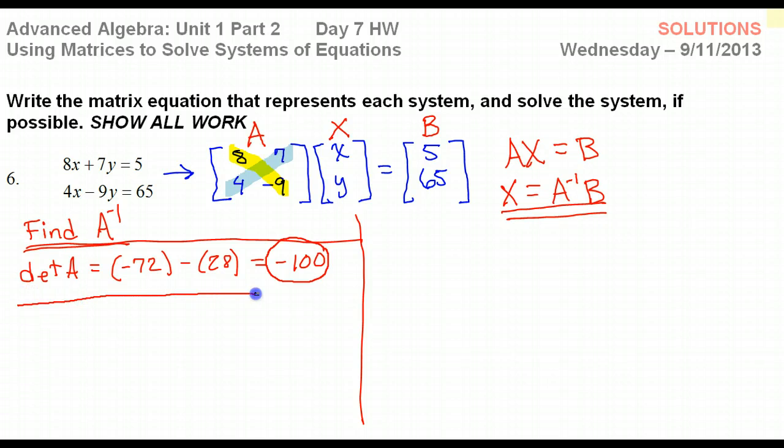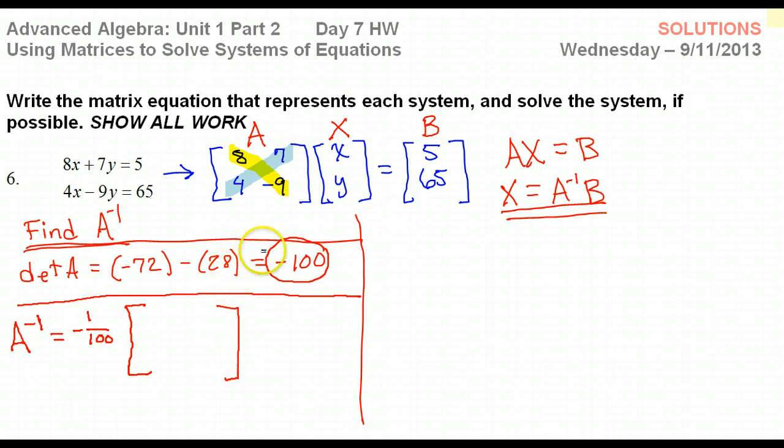Now that we've got the determinant, we can go ahead and find the inverse. So the inverse of A is going to be negative 1 over 100, the reciprocal of the determinant, times reverse negate.